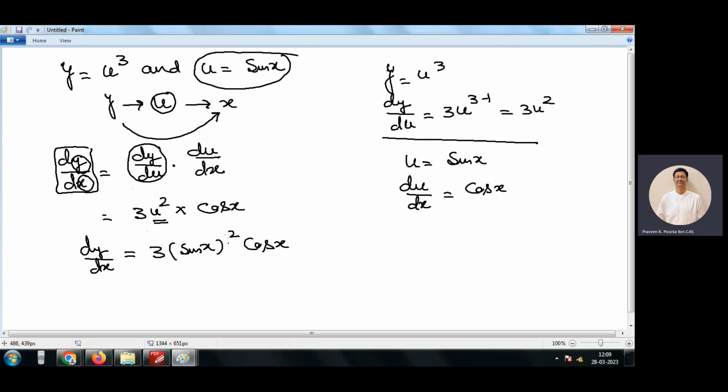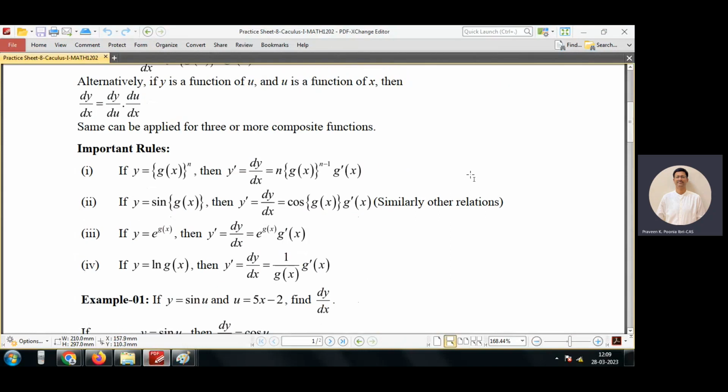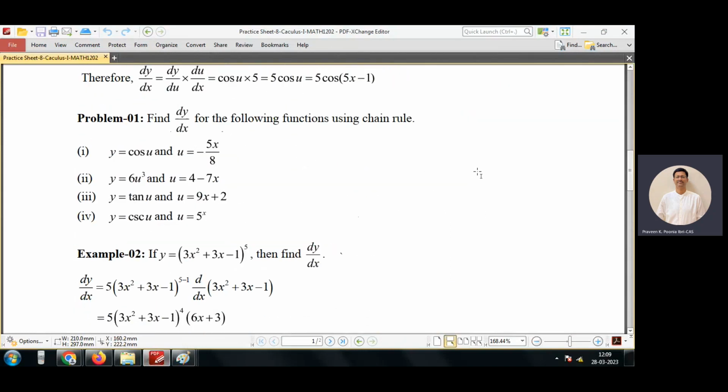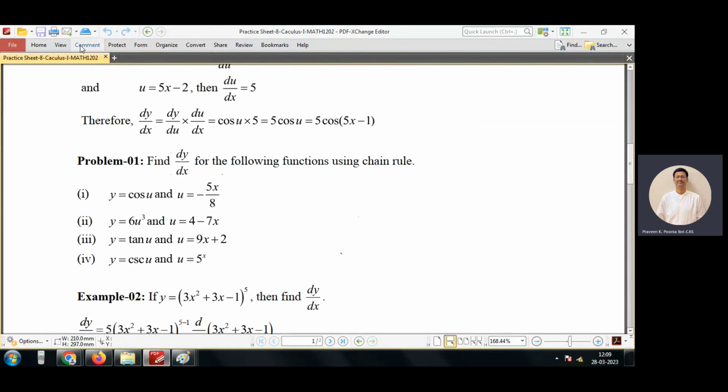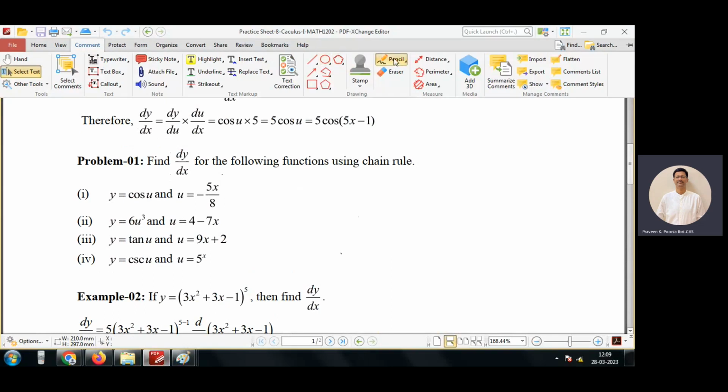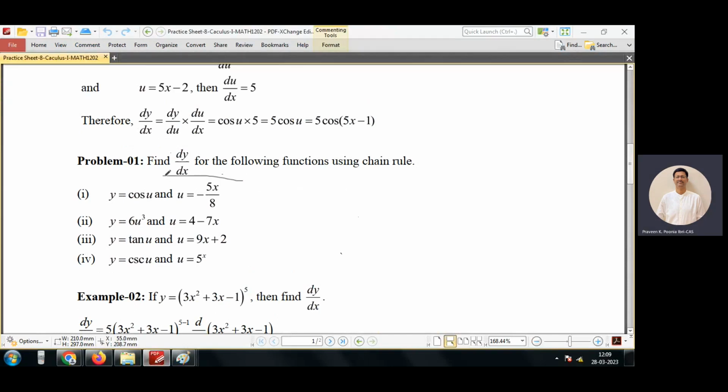Clear? So this is a very simple type of function. And if you go to problem number 1 here, just give me a second. If you go to these problems here, all these problems, you can see: y is equal to sine u and u is equal to minus 5x upon 8.